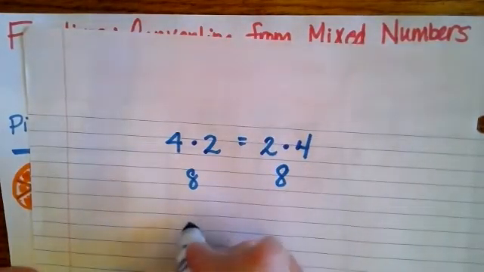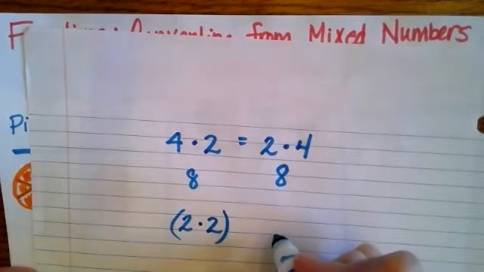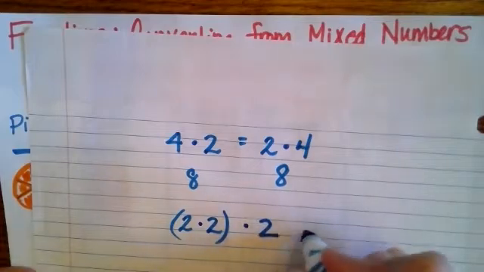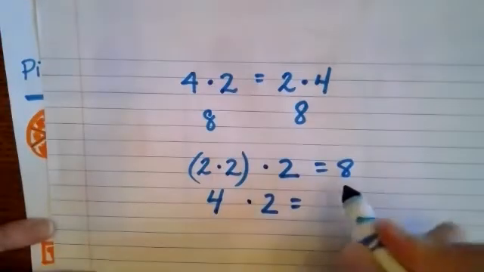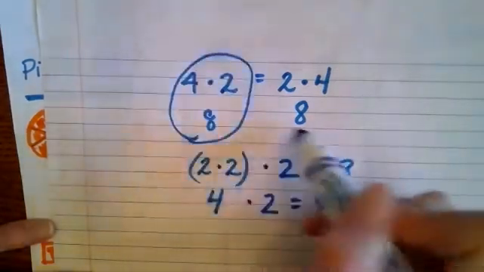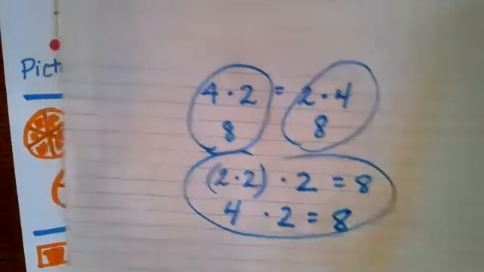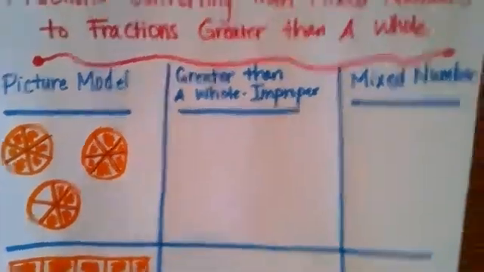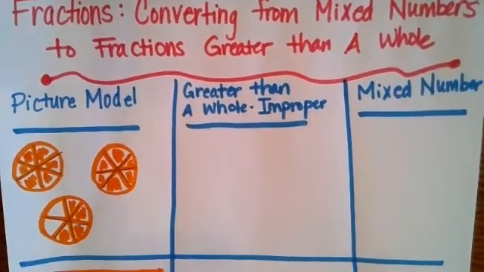You technically also know that we could say 2 times 2 first, times 2 is also 8. 2 times 2 is 4, 4 times 2 is 8. So here are 3 different ways of writing the same multiplication problem. Well, when we're working with fractions, similarly, there is more than one way for us to write really the same thing. We call them equal.